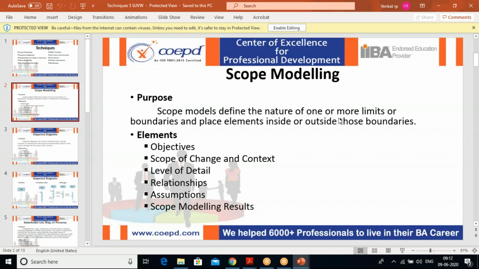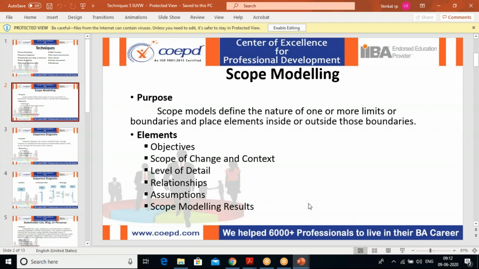We should clearly understand the relationship between this scope and the requirements which are going to be modeled, the assumptions which we made, and how the result will look. That is scope modeling. That means what we are trying to do and what we are not handling here, we will write in a clear-cut way in the scope modeling.